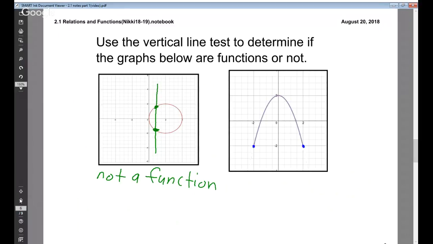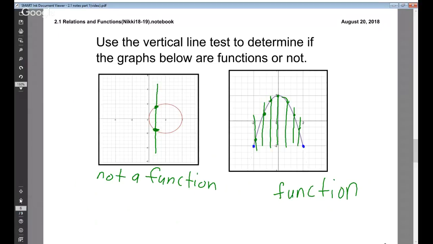All right, if you did your vertical line test for the second graph, you'll see that no matter how many vertical lines go through your graph, it'll only intercept each vertical line once and only once. So in other words, this graph would be considered to represent a function.